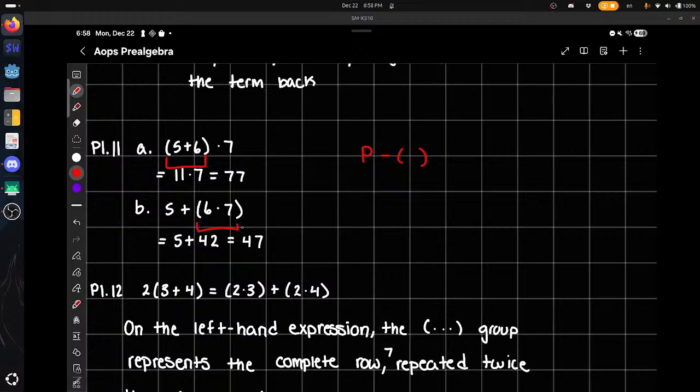Okay, and then we do the same process here. 42 plus 5, we get 47, and we conclude that these expressions are not equal. Okay, I get the general concept.